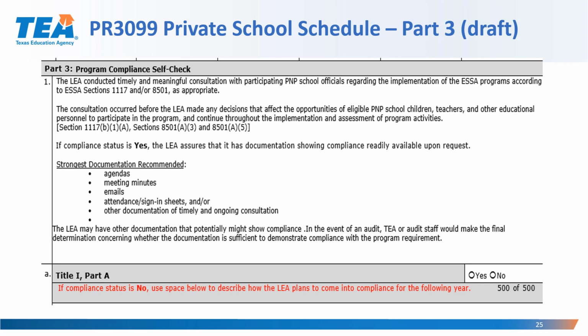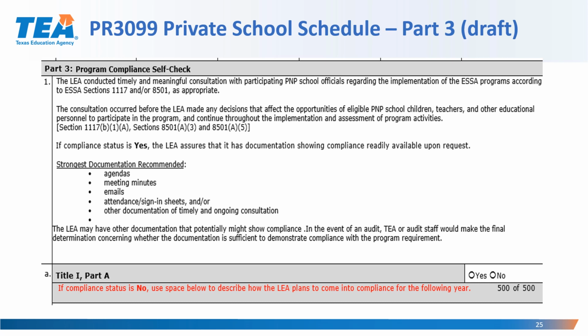The consultation occurred before the LEA made any decisions that affect the opportunities of eligible PNP school children, teachers, and other staff. If the compliance status is yes, the LEA assures that it has documentation to show that documents are readily available upon request to TEA or auditors.